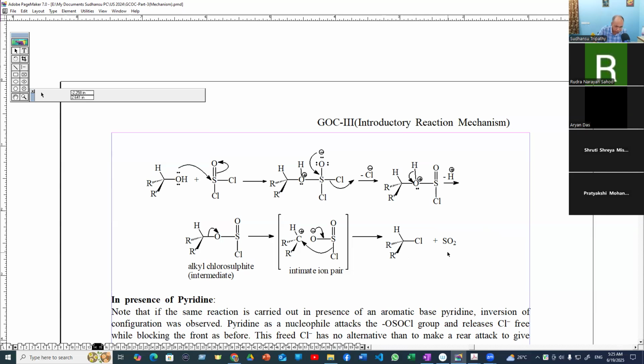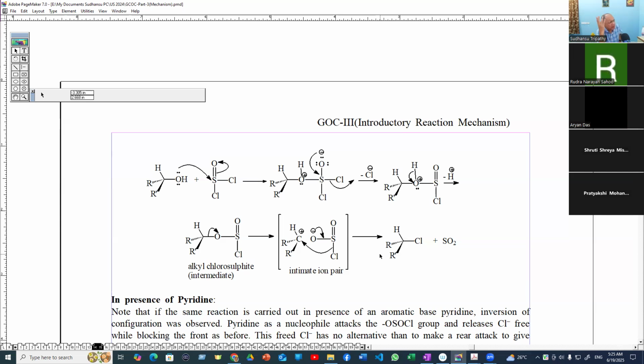Are you? Yes, sir. Even if it were primary, it could happen, but there is no point in talking about inversion or retention. How can you measure experimentally that retention is happening?